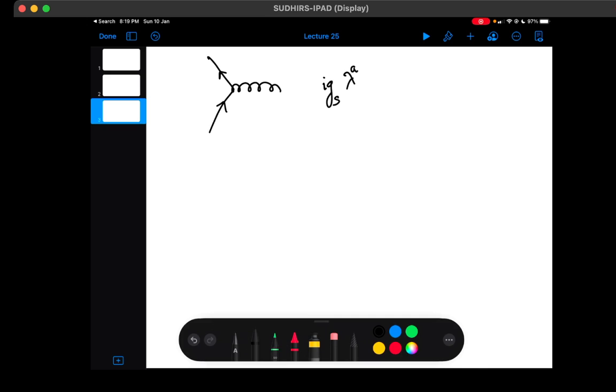Suppose the color of the quark is i and j; these are the color indices. So each of the gluons would be interacting in this particular fashion.